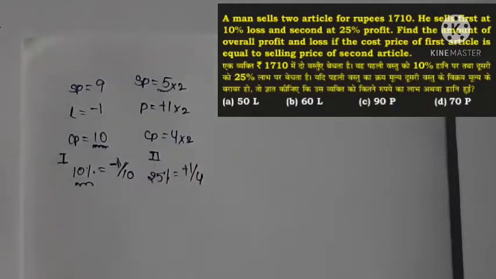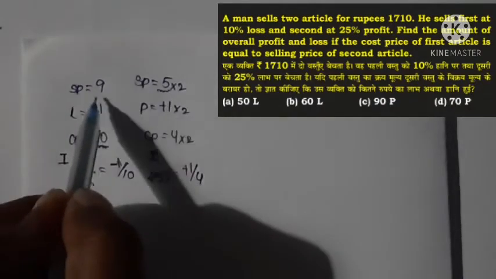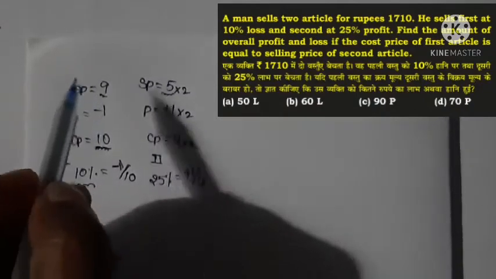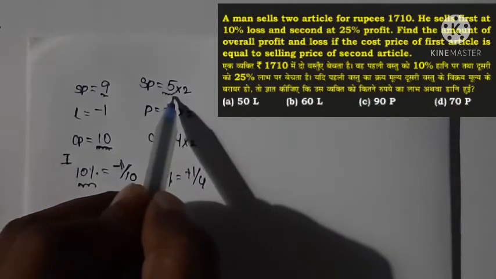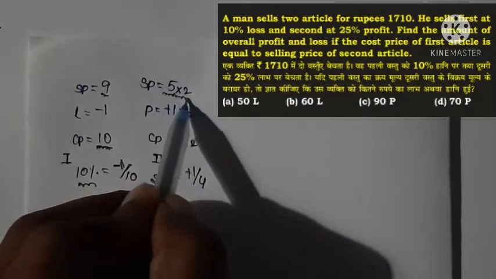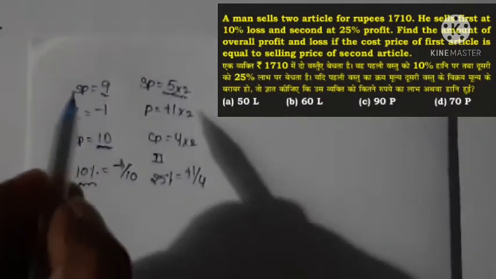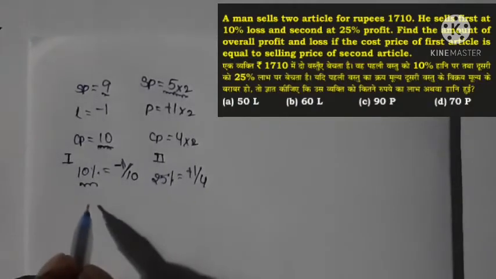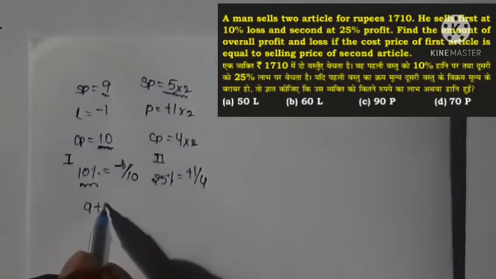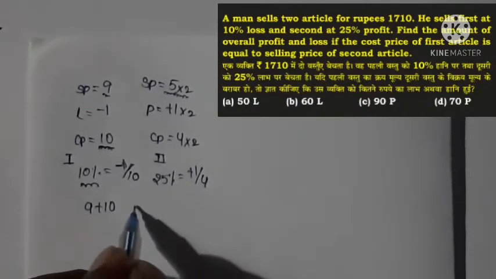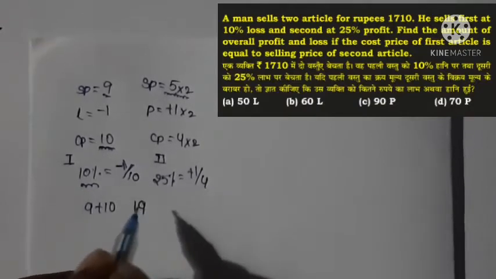So a man sells 2 articles for rupees 1710. Here the first item selling price is 9. The second article selling price is 10. So the total selling price of the 2 articles is 9 plus 10, so that value is equal to 19 units.